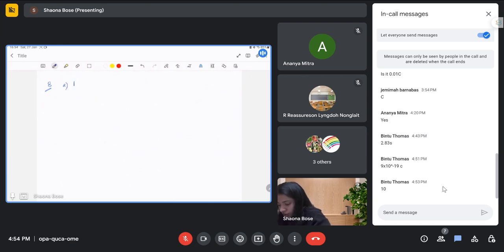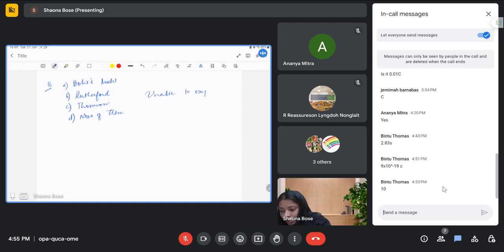This is number 8. Out of Bohr's model, then Rutherford's model, then Thomson's model, and none of these.